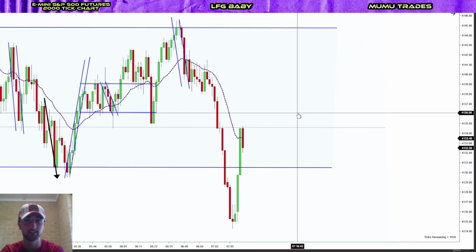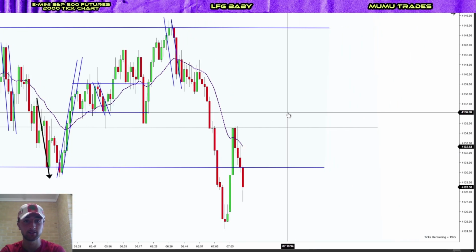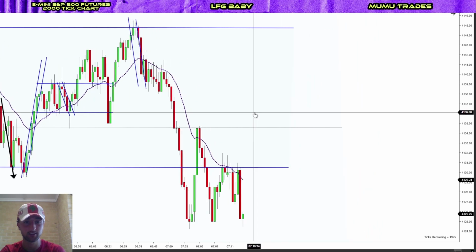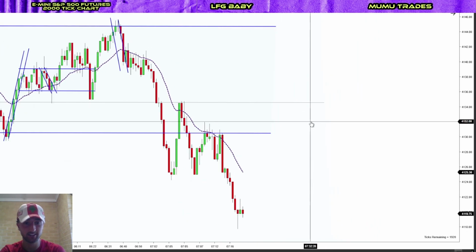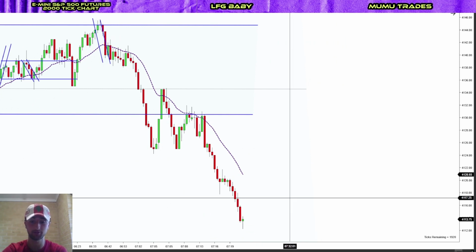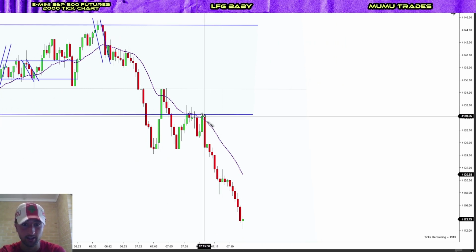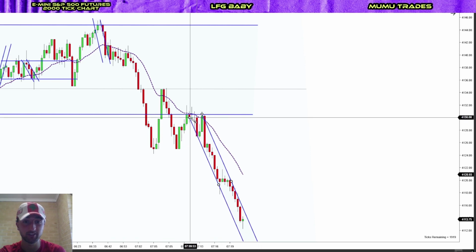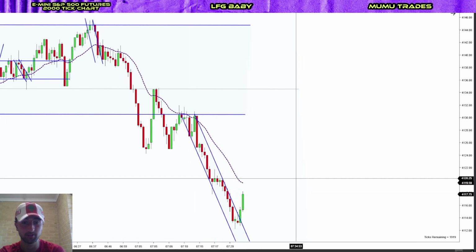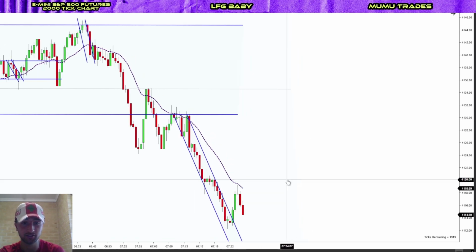It doesn't look like there's a great setup, but we do have an incredibly decisive momentum move. So now let's see if we can get a second entry short.